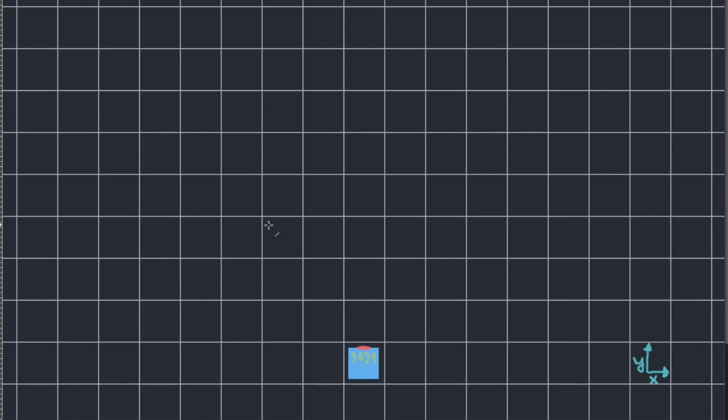Let's make a vector here, like that. Now let me set this angle to roughly 43 degrees. And this is the new position for the robot.